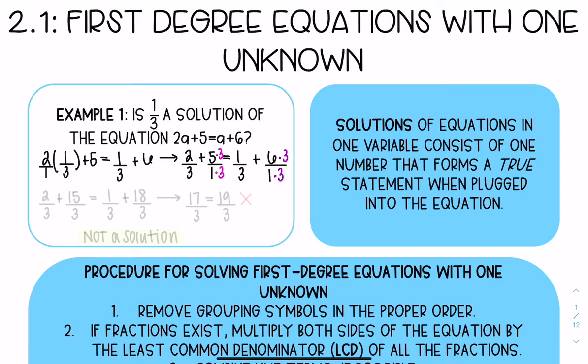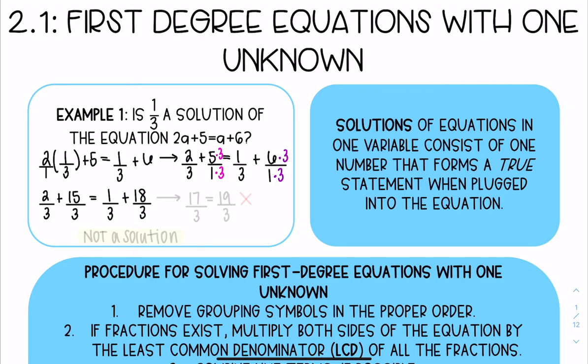So on the left-hand side, we have 2/3 plus 5 times 3, which is 15 over 3. And then I have 1/3 plus 6 times 3, which is 18 over 3.